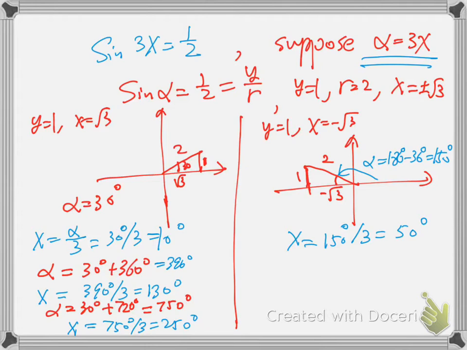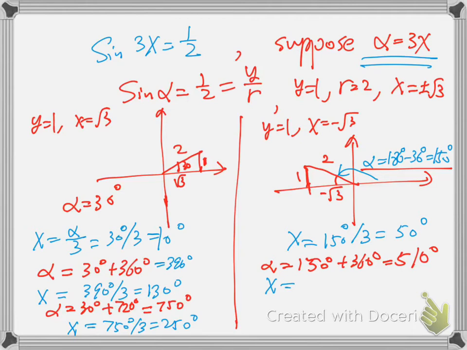So similarly, here alpha is 150, so we can get alpha is 150 plus 360. This will be 510, and then x is this divided by 3. So we keep adding a rotation until x is bigger than 360.